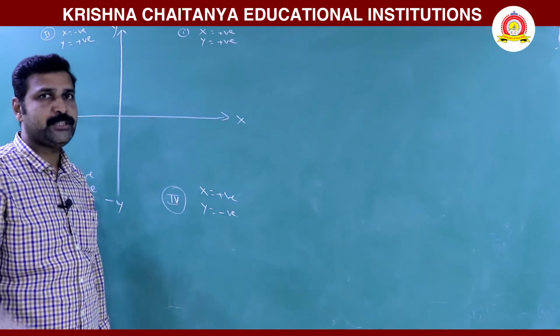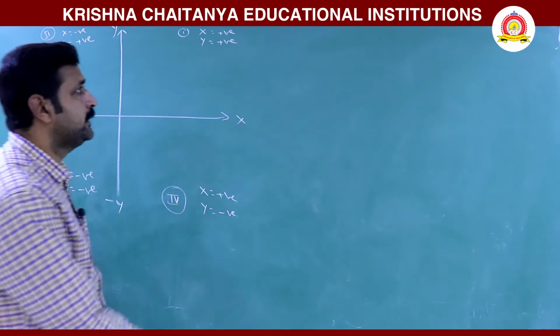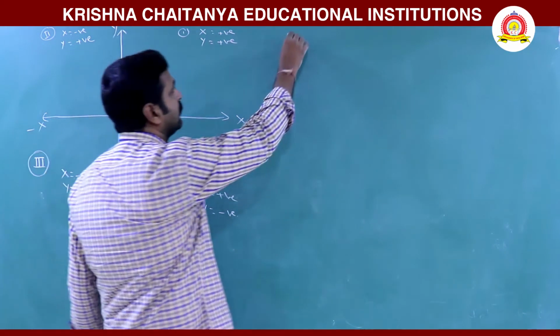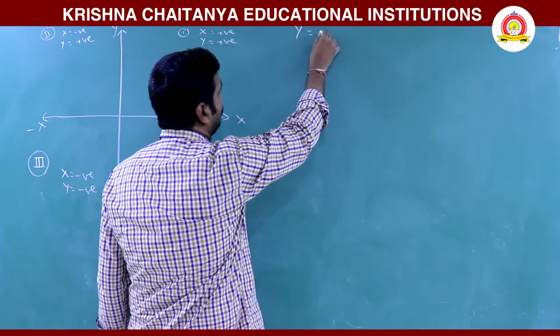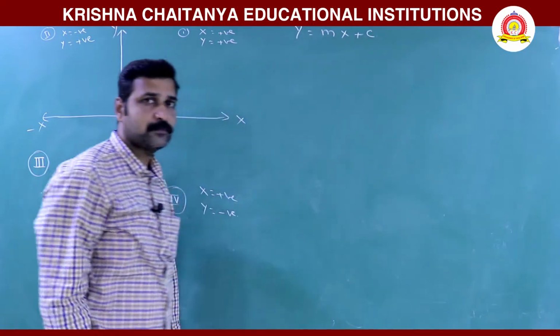Now, if we draw a straight line, what is the expression for a straight line? Generally, a straight line is expressed with y is equal to mx plus c.